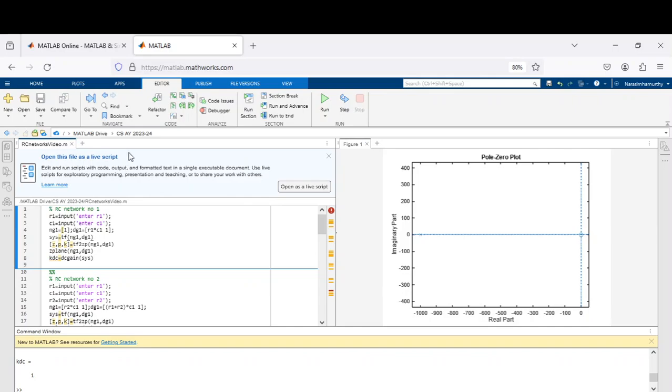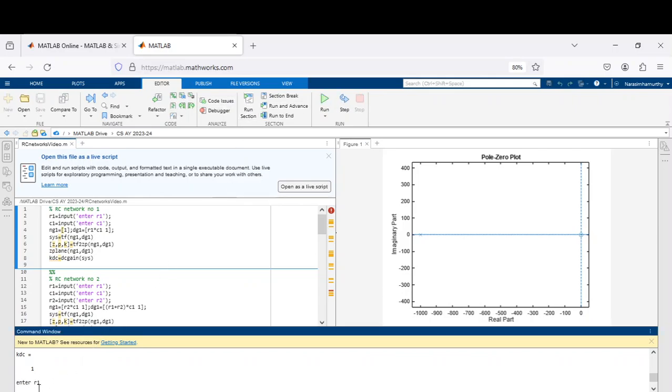Suppose I run this now, it will ask for the value of R1. Let me give it as 1000, and for C1 let me give 1e minus 6, which is actually 1 microfarad. If I give these two values, if you carefully look at the poles and zeros, you can see here a transfer function which is 1 by 0.001 s, which is exactly what we wrote here.